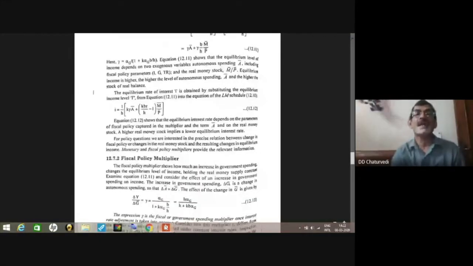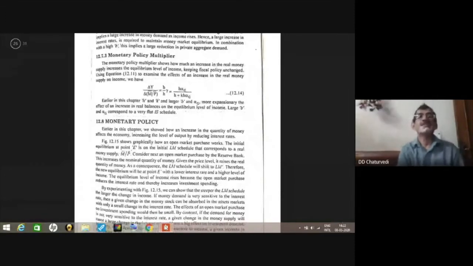So the monetary policy multiplier is B upon H into gamma, which on simplification will give us H alpha G divided by H plus K B into alpha G. And here we should remember that the lesser is the value of H and K and the larger is the value of B and alpha G, the greater is going to be the value of the monetary policy multiplier.